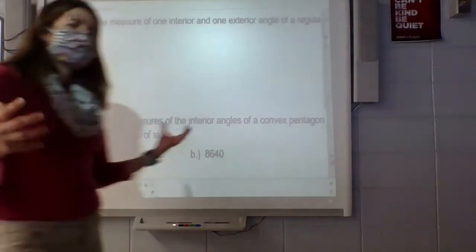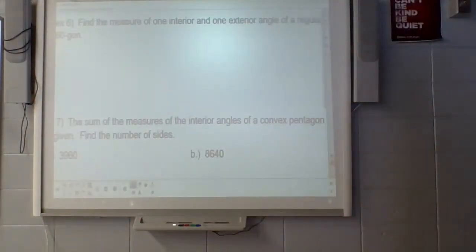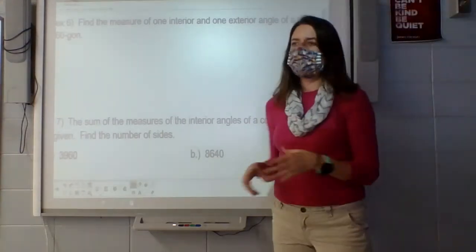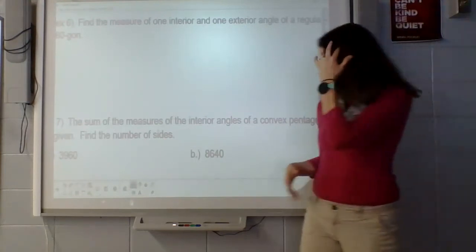A 60-gon would be a shape that probably looks almost like a circle. There'd be so many sides, so it'd be really stretched out. So the angles are probably going to be really big on the interior.